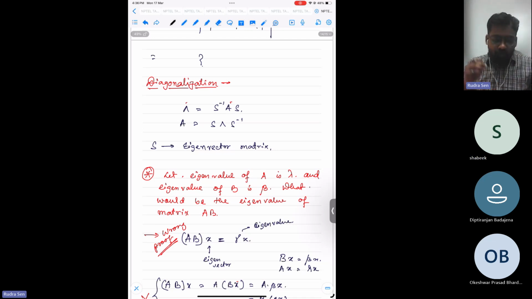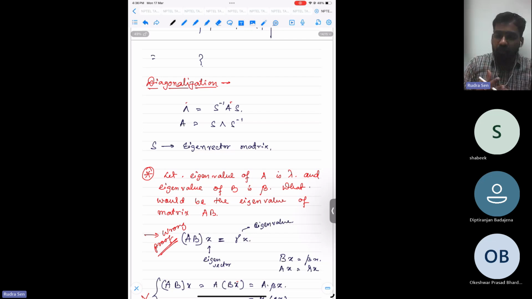So the thing is, if we can diagonalize a particular matrix, then all the eigenvalues will lie on the diagonal of that diagonal matrix.